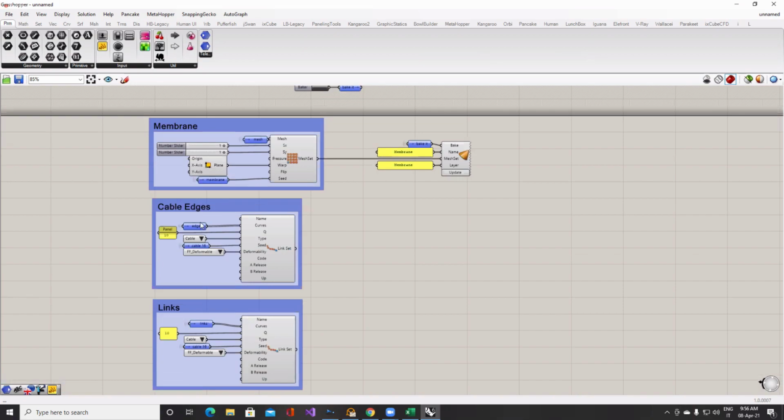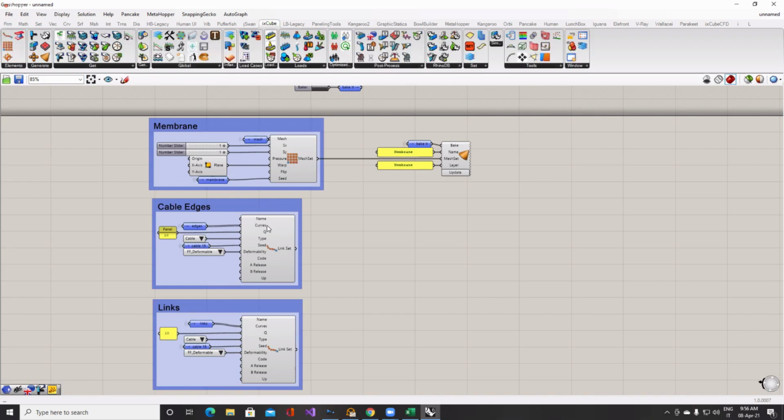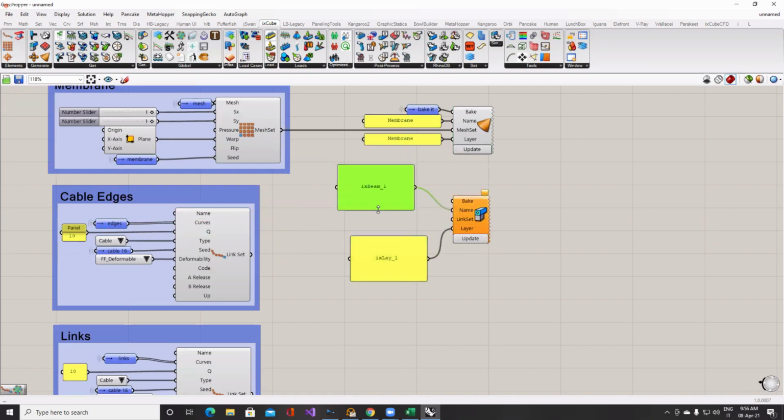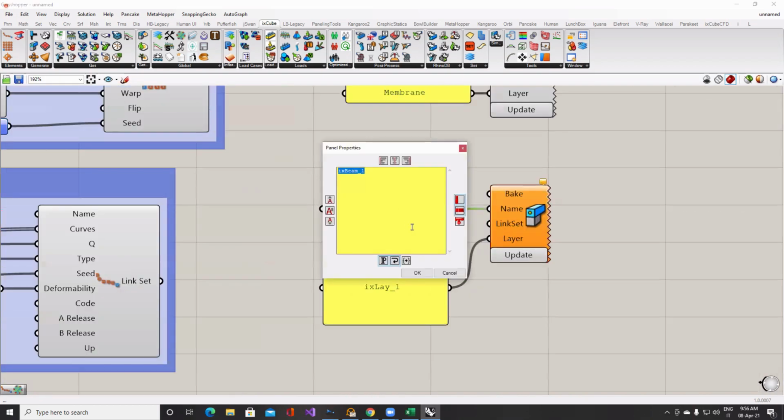The cable edges. The cable edges are cables. So we go into Xcube, and they will belong to a FEM2D group. A FEM2D group, if you remember, is a group that collects two-dimensional elements. The name, these are edge cables, edges.